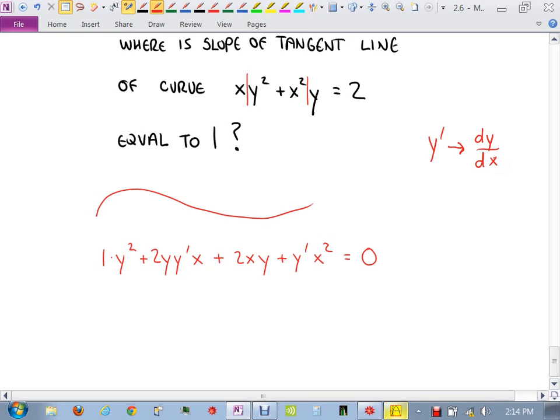It does, but you can look at slopes 2 different ways. You could say dx dy also, the change in x with respect to y. So it depends, but our standard slope of a tangent line is dy dx. All right.